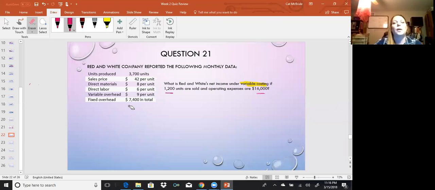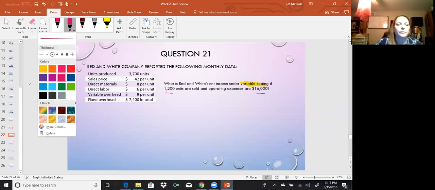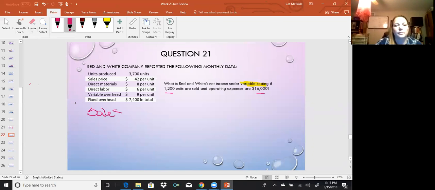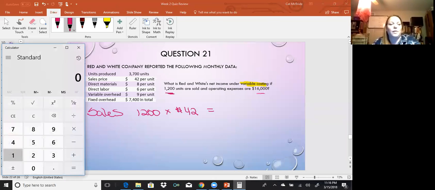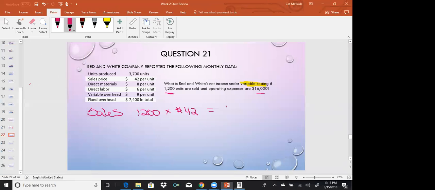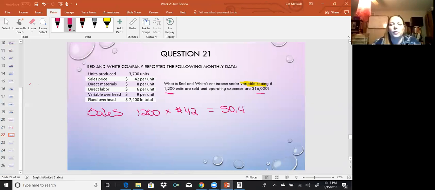Okay, so net income. So we have sales of, we sold 1,200 units times $42 per unit, which should be the same as what we just figured before. 1,200 times 42, 50,400 is our sales.